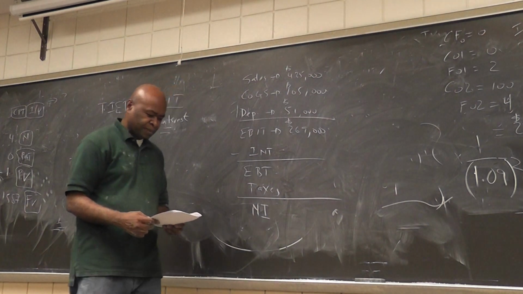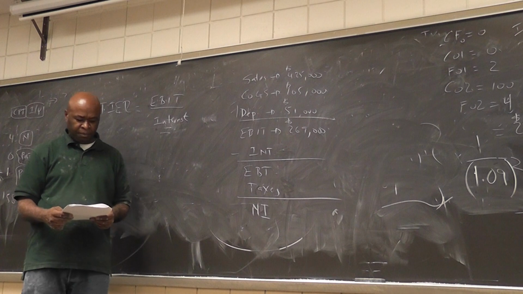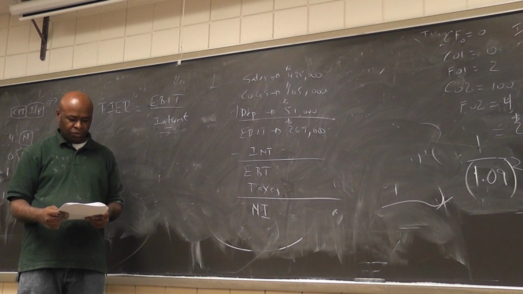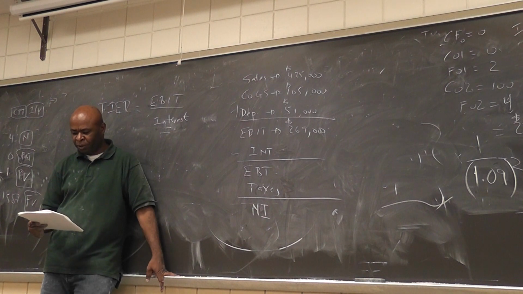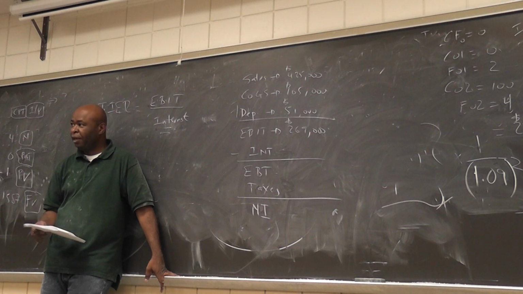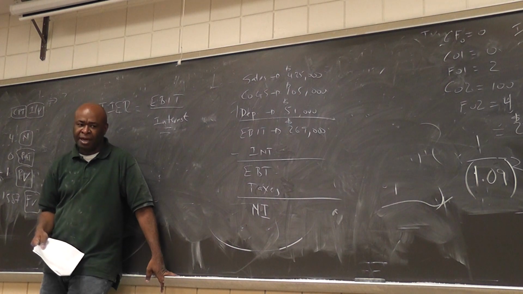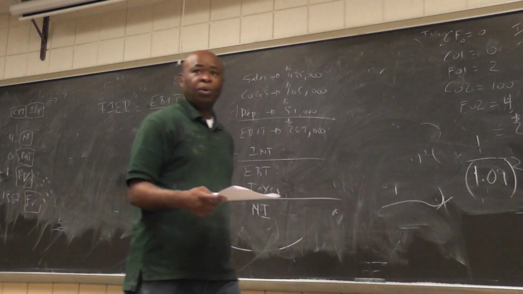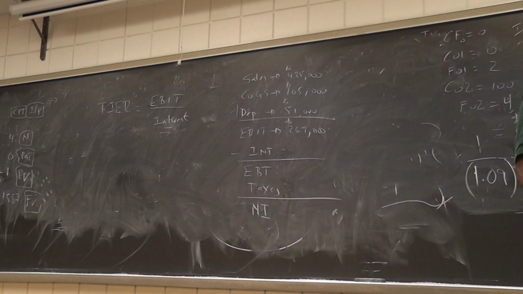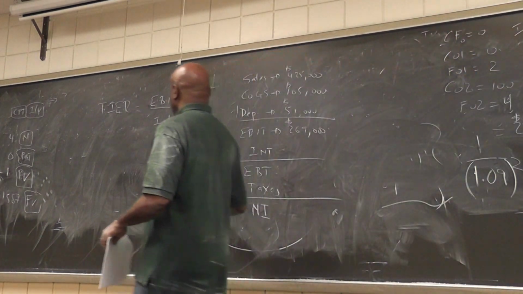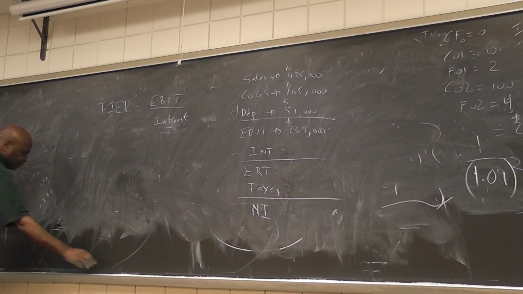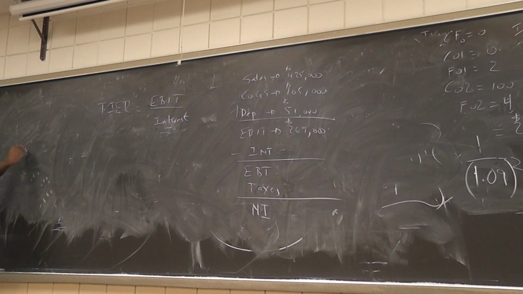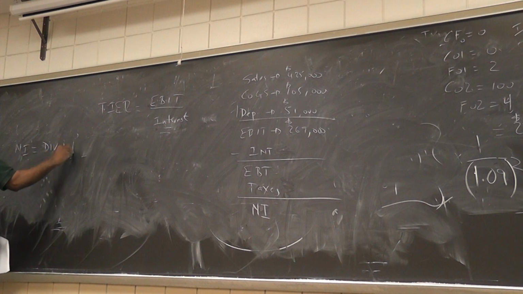Because it says that the firm currently has 20,000 shares of common stock outstanding, and the dividends per share were 1.80. You know what that means? That means that cash dividends were 1.80 times 20,000. So net income, let's write it down, is dividends plus retained earnings.